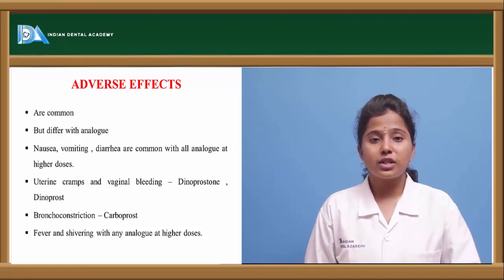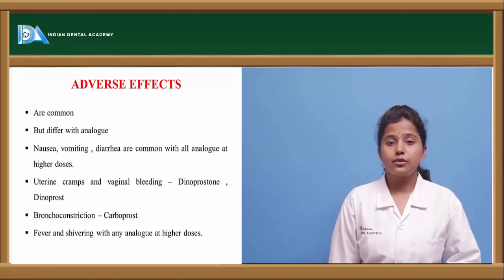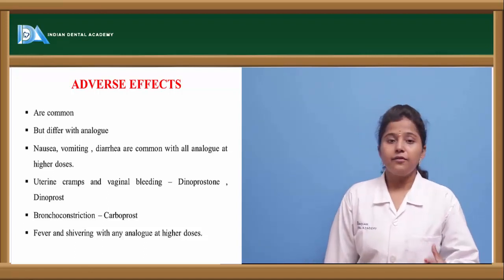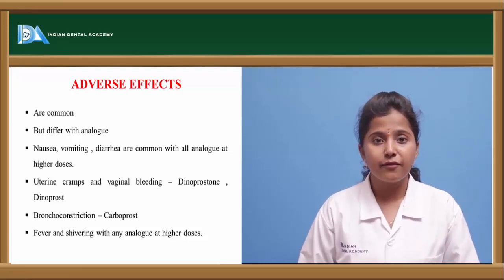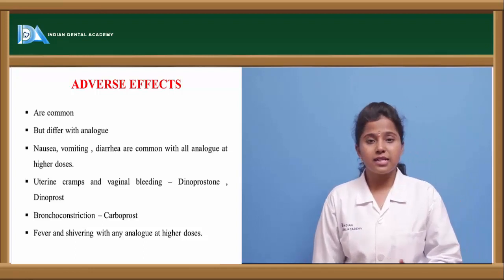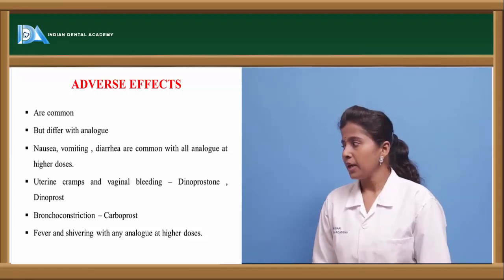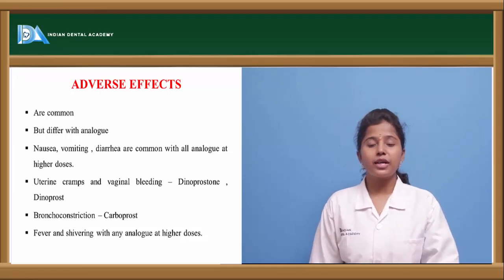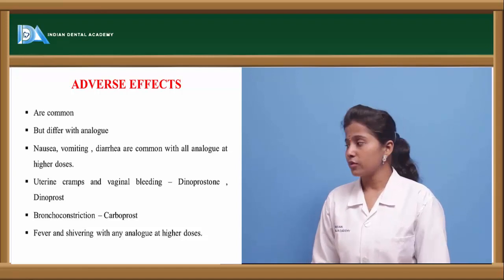So if a patient is suffering from asthma, then carboprost is strictly prohibited. A few of the prostaglandin analogs also have a side effect of uterine cramps. That is the reason a few of these prostaglandins are not recommended for pregnant women, and they cause fever and shivering. These are also common side effects observed with these prostaglandins.